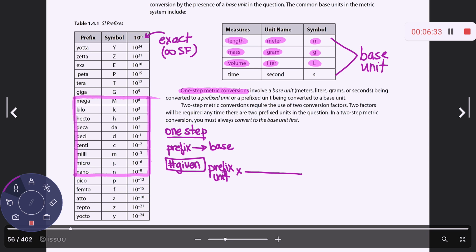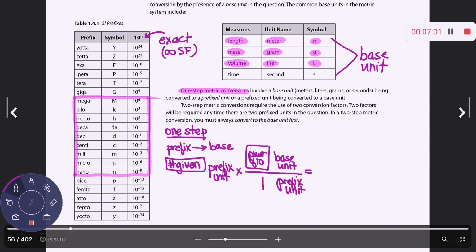On the diagonal, you will put the prefix unit, and then on the top, you will put the one-letter base unit. The number one always goes where the unit is with the prefix. So the number one will go here, and the power of 10 will go here every single time.